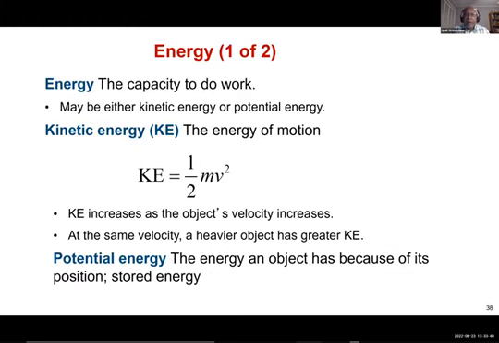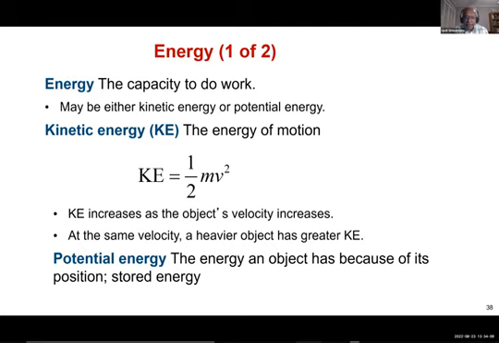Energy is defined as the capacity to do work. Energy shown by a moving object is known as kinetic energy. If an object made out of matter moves, it has kinetic energy.